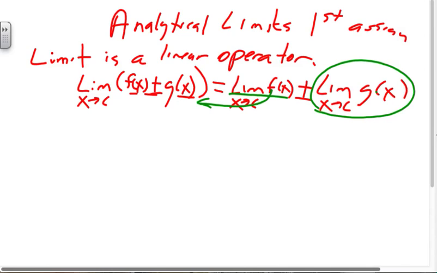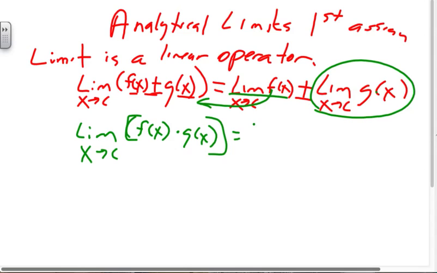The other thing this also means is the same for the product or quotient. So in other words, if I'm multiplying two functions and I'm interested in that product, it's just the product of the limits of each one.